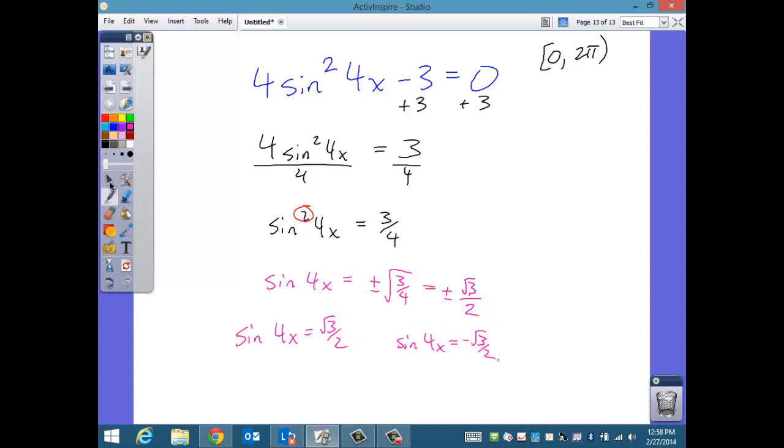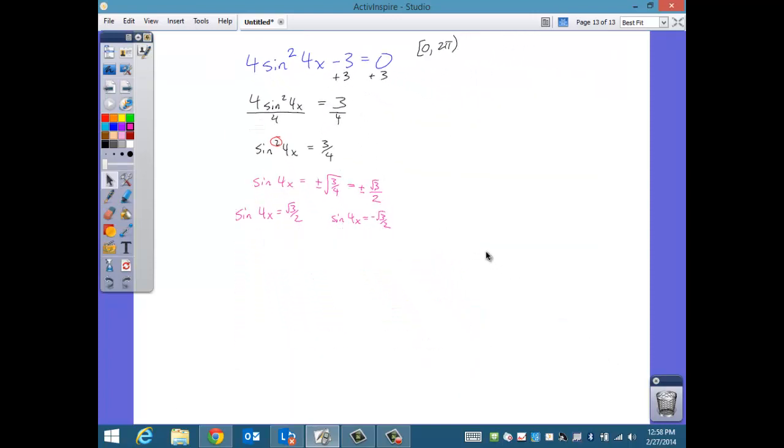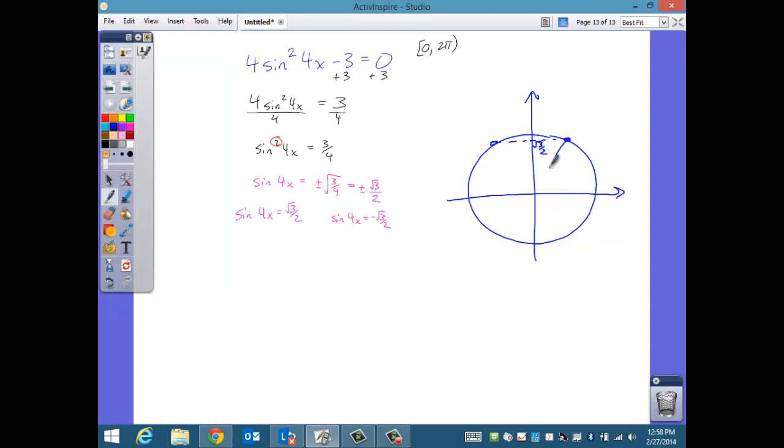So now we want to look to the unit circle, so we better bring that in. Think about, where do we see sine of root 3/2? That's going to be close to the top, right? Root 3/2 is up here, and we have this angle and that angle, and those are the ones that have that sine.